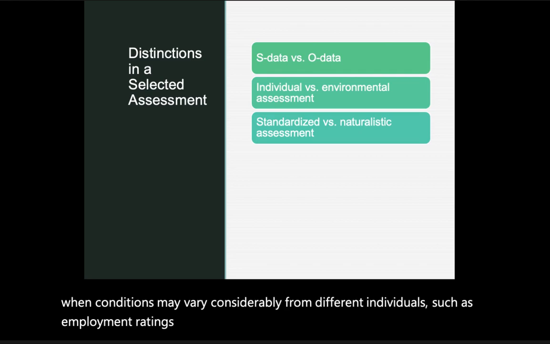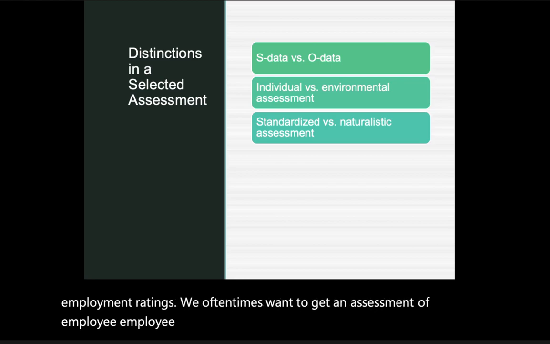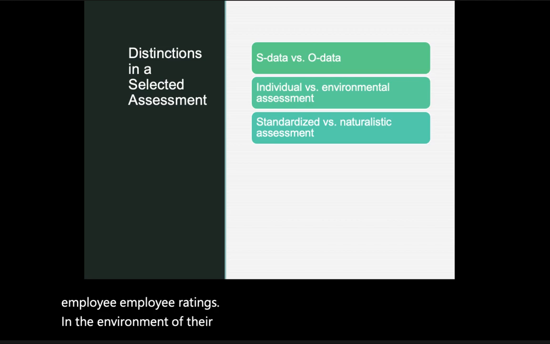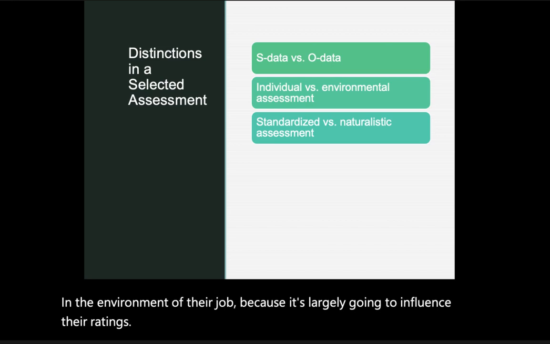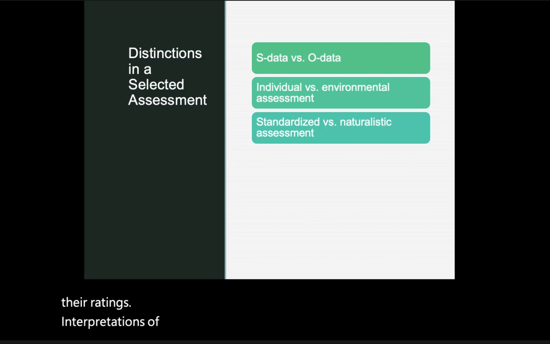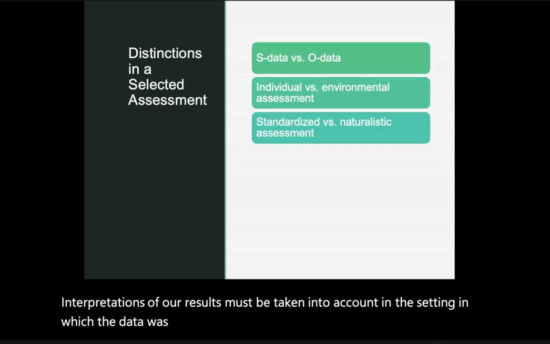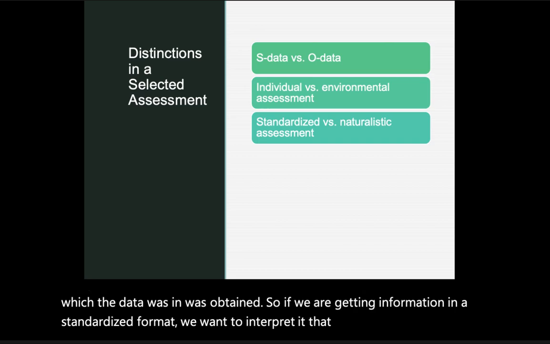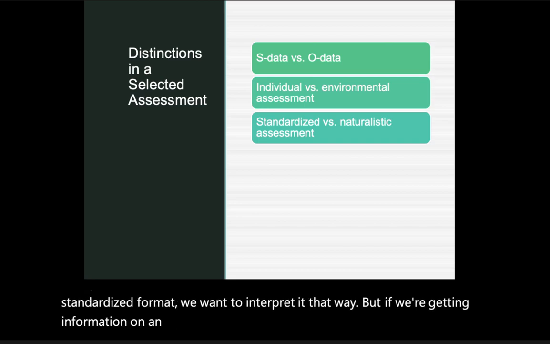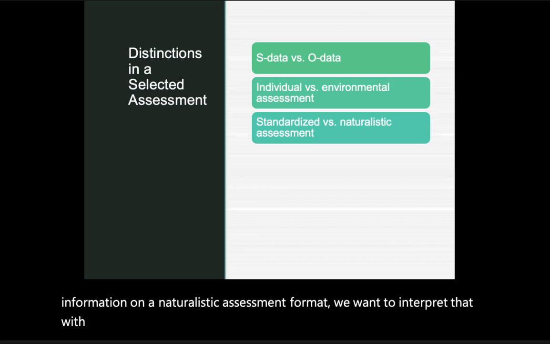We oftentimes want to get an assessment of employee ratings in the environment of their job because it's largely going to influence their ratings. Interpretations of our results must be taken into account in the setting in which the data was obtained. So if we are getting information in a standardized format, we want to interpret it that way. But if we're getting information in a naturalistic assessment format, we want to interpret that with that in mind.